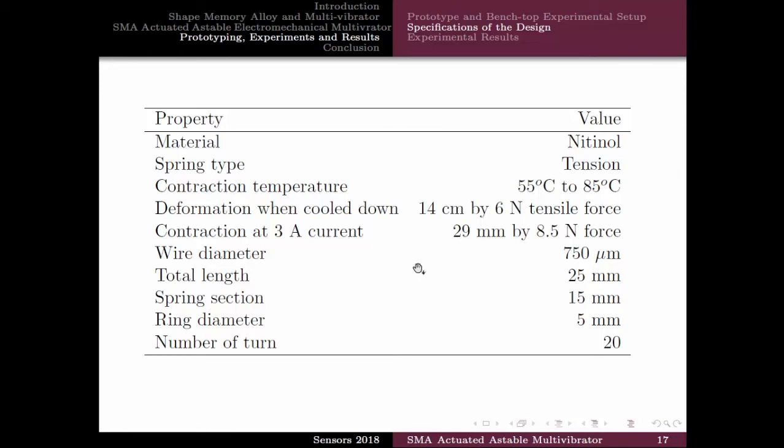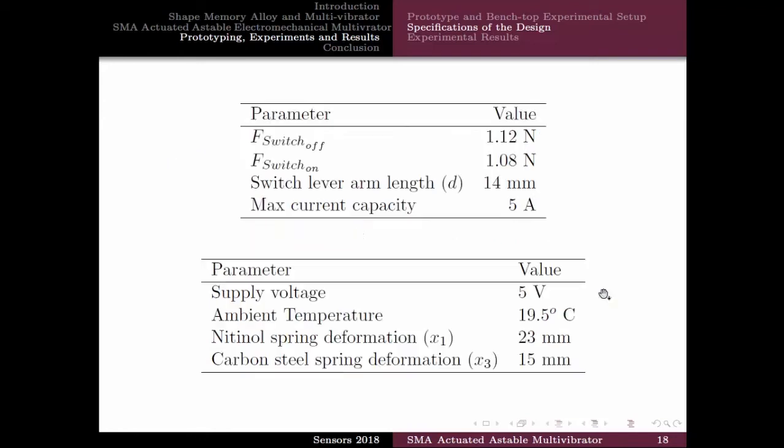These are the specifications of the design; we have used a nitinol spring, and here is some relevant data. After that, this one is the behavior of the switch. When the bistable switch is in the off state, it requires 1.12 Newton to pull it off, and requires 1.08 Newton to pull it on.